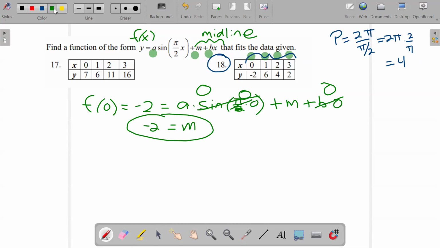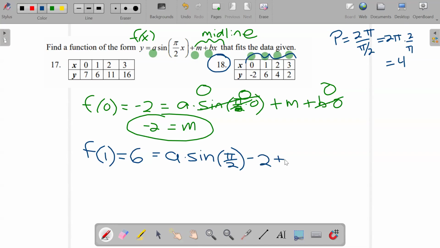All right, let's try another one. Let's plug in 1. f of 1 shows 6. So we're going to get a, we still don't know, sine of pi over 2 times 1, which is just pi over 2. We know that m is -2. We don't know b yet, but we have b times 1, or just b.